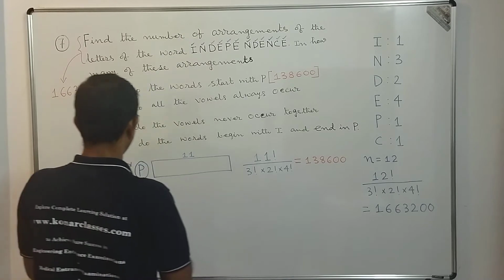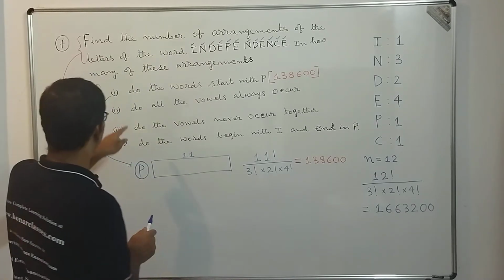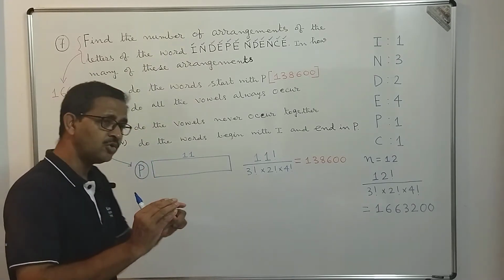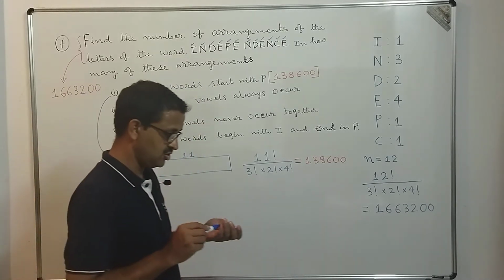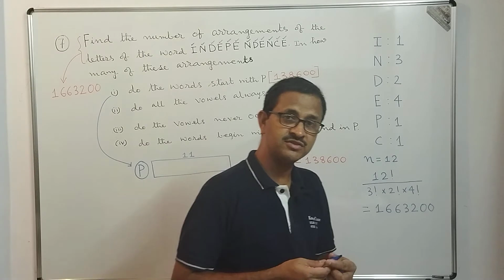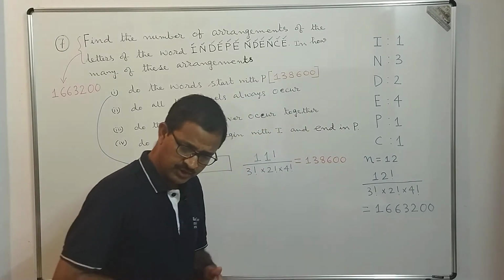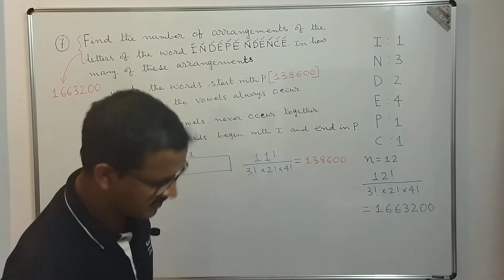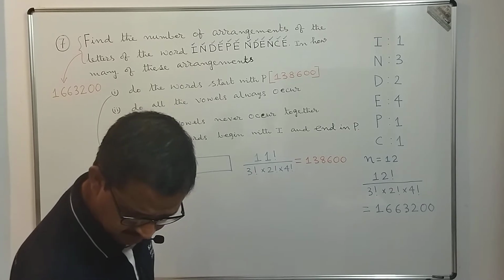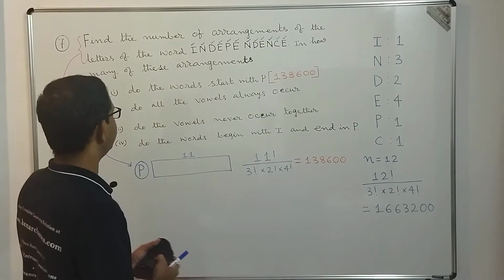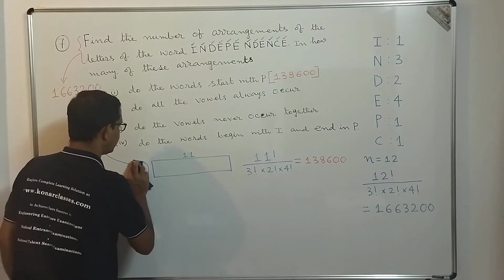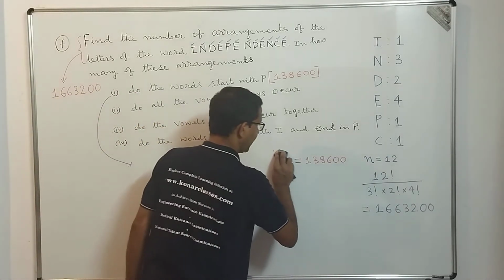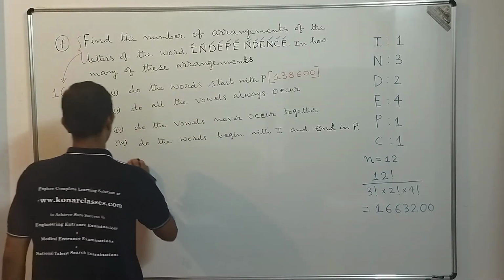Okay, dear students. So now let's concentrate on solving the next question. What is the next question? The next part of the question is: do all the vowels always occur together? Okay, very important part of the question. If we look into this, dear students, how many vowels are there? There are a total of 5 vowels in the word INDEPENDENCE, in which I occurred 1 time and E occurred 4 times, isn't it?